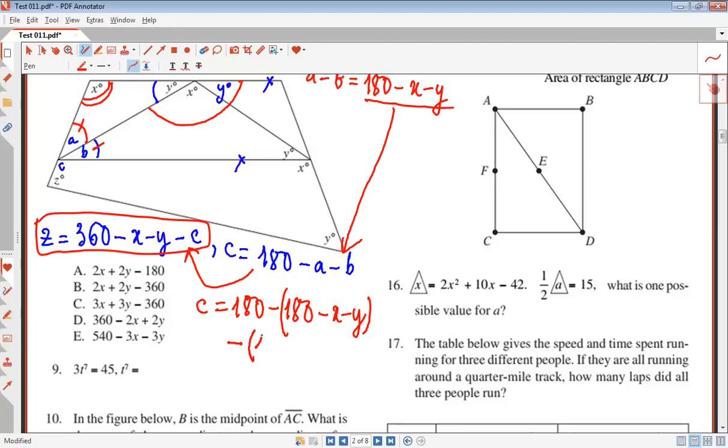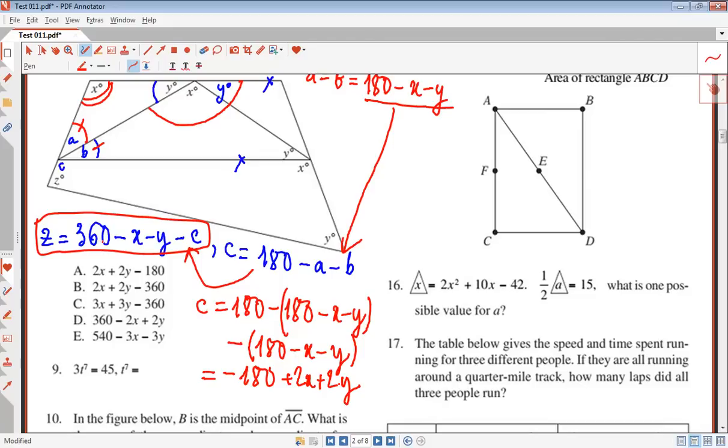Subtract 180, subtract x, subtract y. It is minus 180 add 2 times x, add 2 times y.